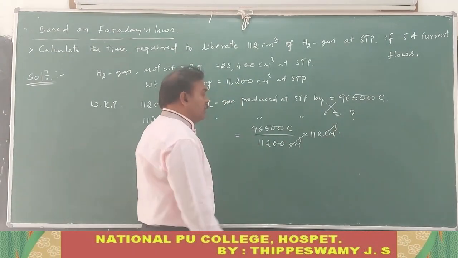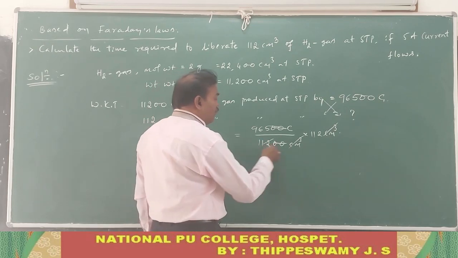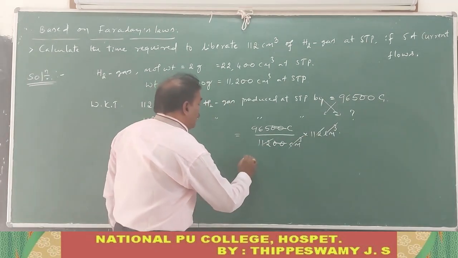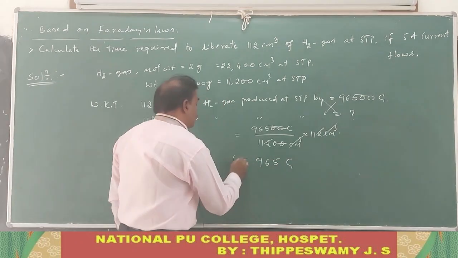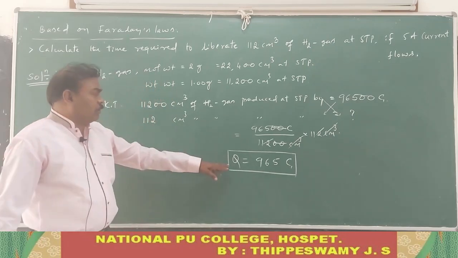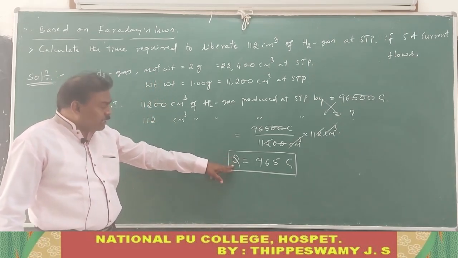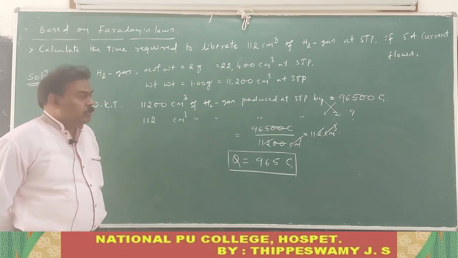On simplification, 112 and 112 get cancelled, and we get 965 coulombs. This is the quantity of electricity required to produce 112 cm cube of hydrogen gas at STP.